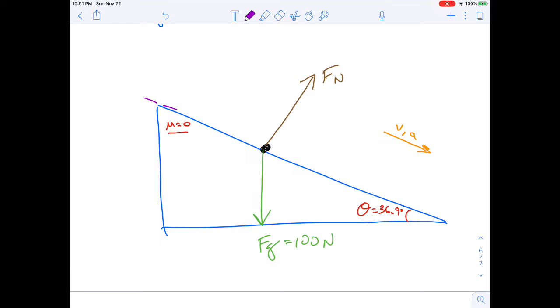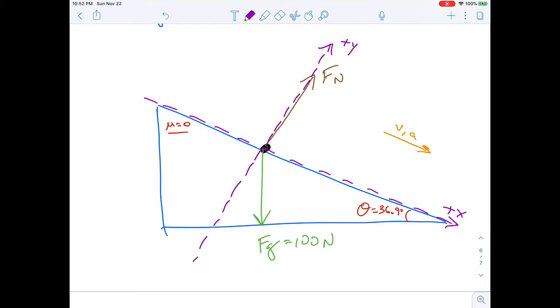So my x-axis, I'm going to call positive x down the ramp because I'm assuming motion is going to be down the ramp. And that means if the x-axis is on the ramp, the y-axis, which needs to be perpendicular to that, would be right along the normal force.